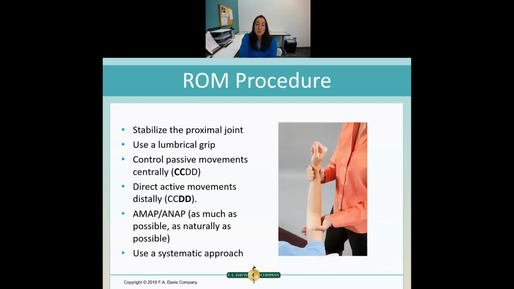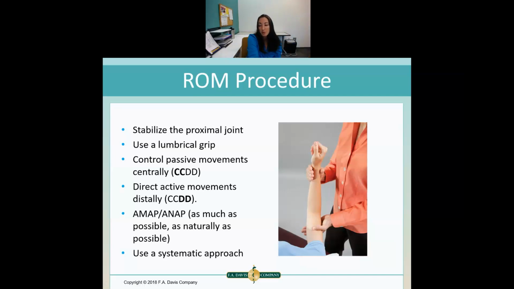Some of the procedures. We stabilize the proximal joint. So here, if they're doing elbow range of motion, the therapist is stabilizing just above the elbow, proximal to that joint, and mobilizing distal to the joint. So down at the wrist, or it could be even closer to the elbow. But the lumbrical grip is this grip she's using there, like you would grip a water bottle.